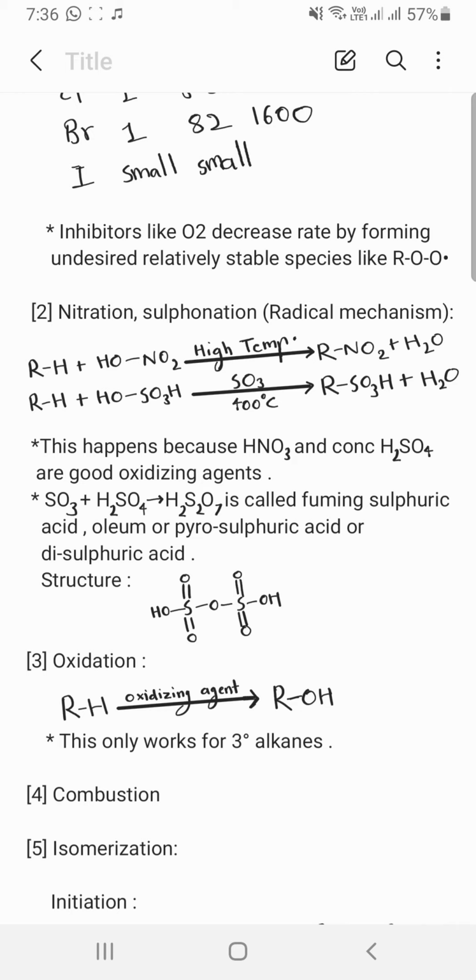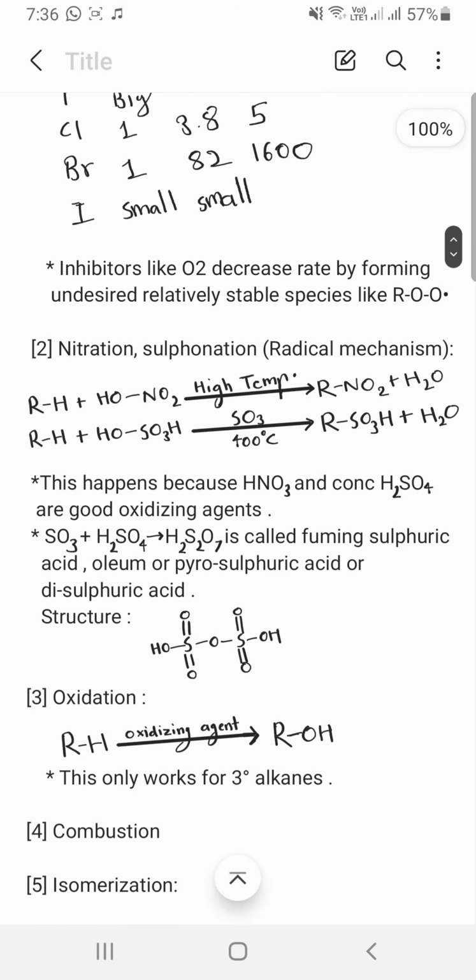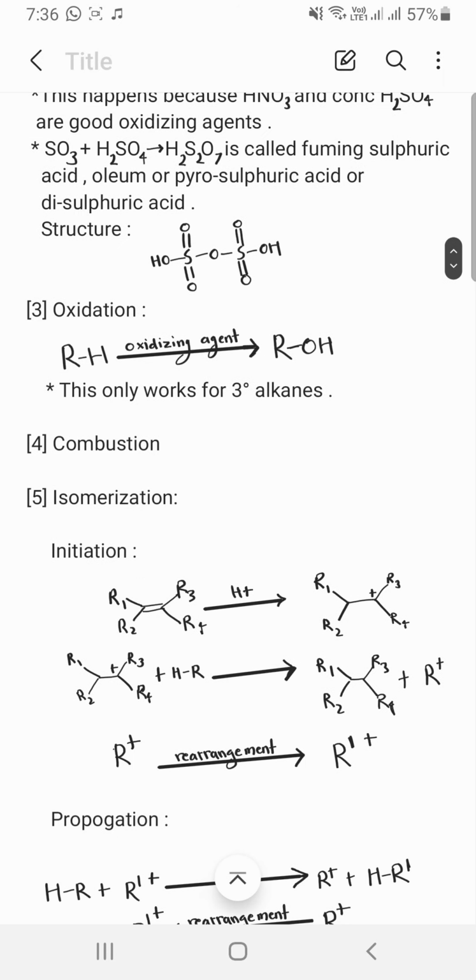It's not a specific ratio that you need to put SO3 and H2SO4 in to get a specific molecule. No, it's kind of an equilibrium process going on. So there is this molecule, but majorly it's just a mixture. It's called disulfuric acid or pyrosulfuric acid. Fine.